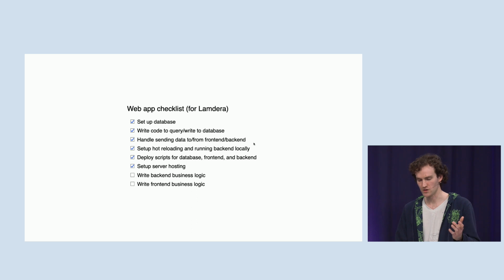All I need to do is download the Lamdera binary, which you just add to your path, and then you can call it from the command line. And then it's just one command line call, and you have it running locally. Deploying, again, just one command line call, and then you have it deployed. And setting up server hosting goes along with this. It's just handled automatically when you deploy.